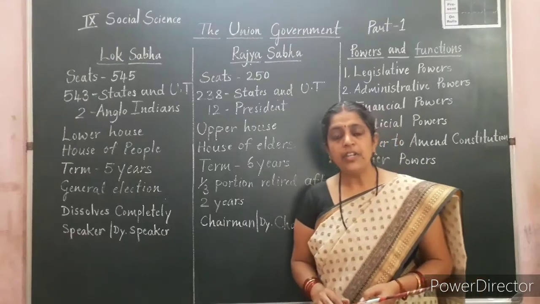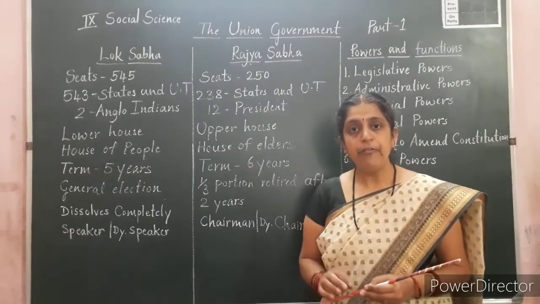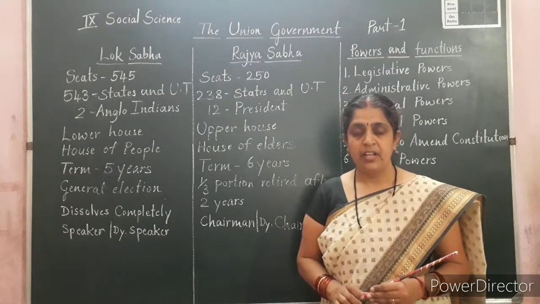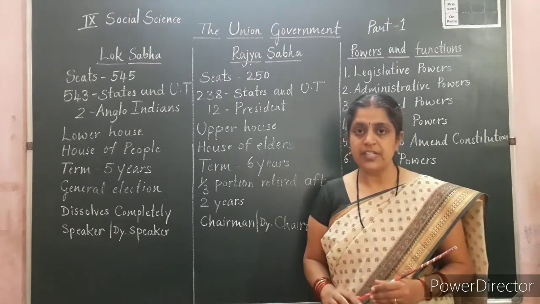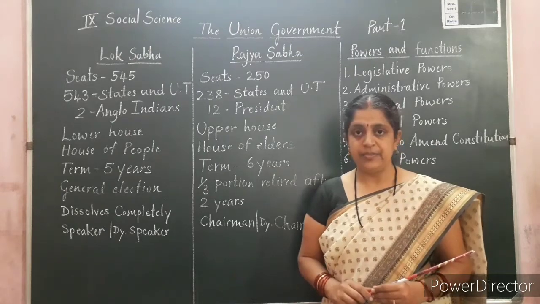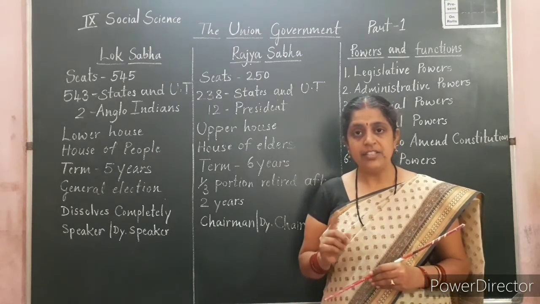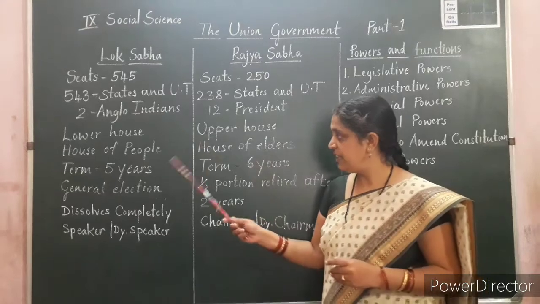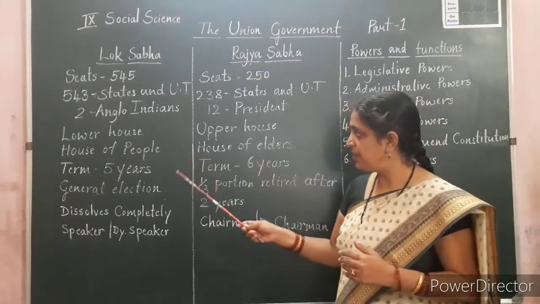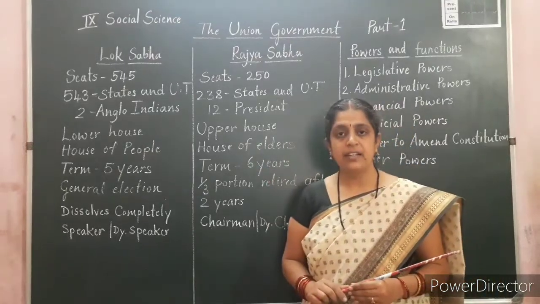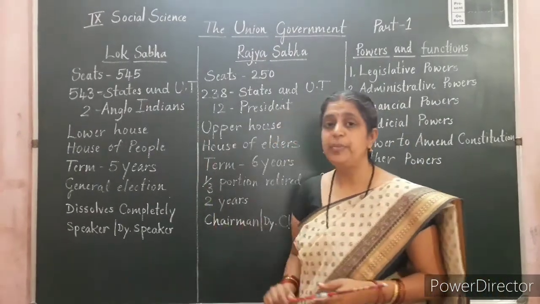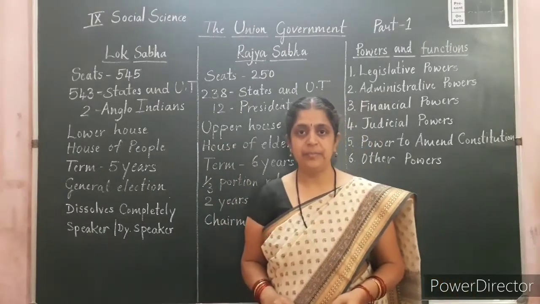Then, what are the qualifications required for a member of Lok Sabha and Rajya Sabha? Almost all qualifications are the same except age. The first is that the person should be a citizen of India.